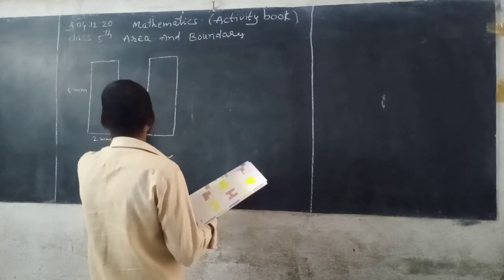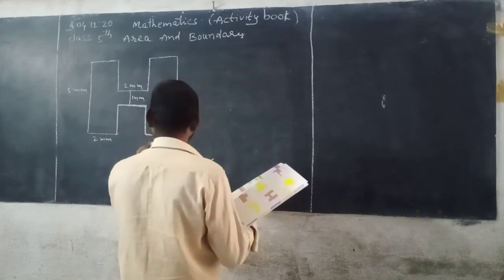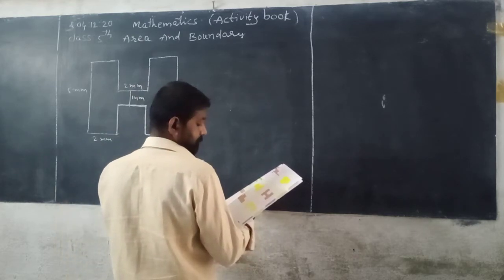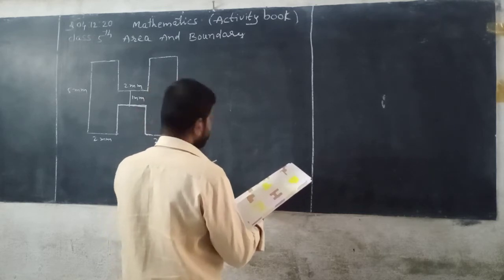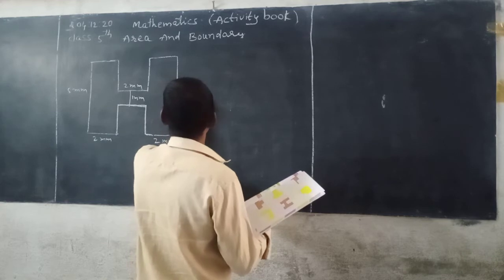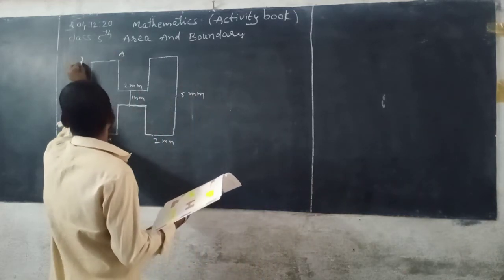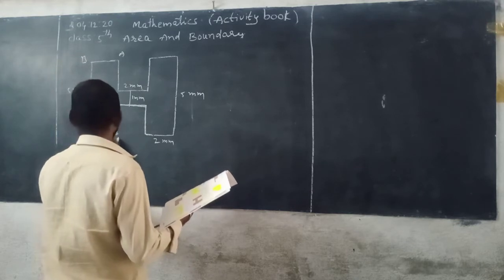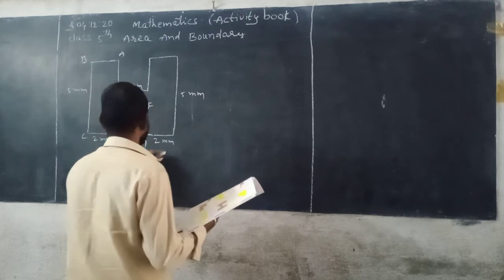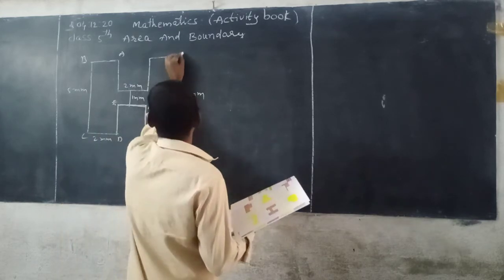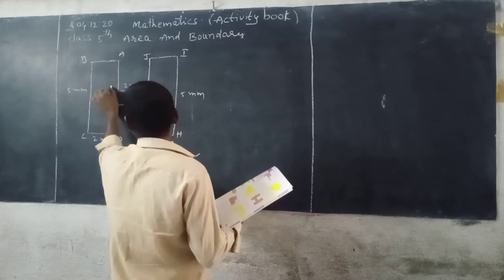This is 1 millimeter. 2 millimeters. 5 millimeter. See here, A, B, C, D, E, F, G, H, I, J, K, L.